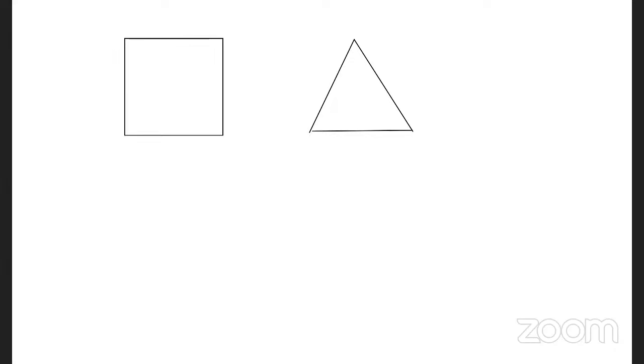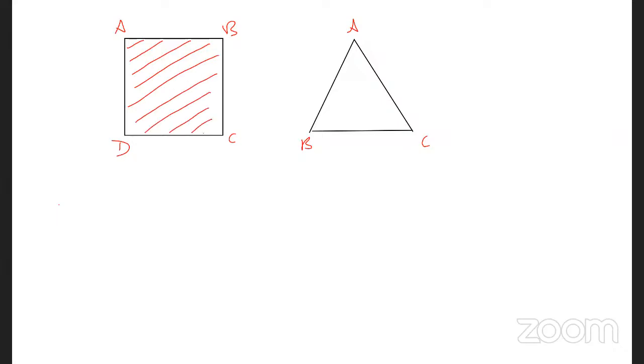Yes. So I have a square ABCD, and a triangle ABC. Okay. Two plane figures I'm having. Now, what I'll do is I'm going to shade them. Okay. I'm going to shade their region.